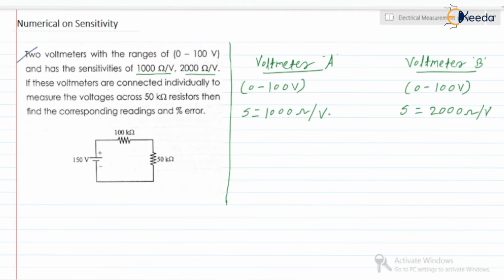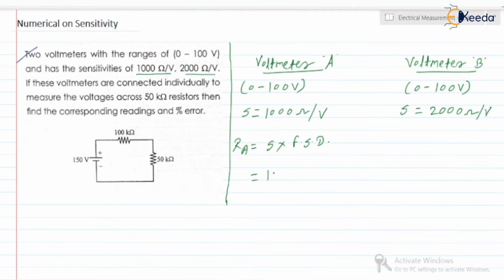Now the sensitivity is given in ohm per volt, that is resistance divided by voltage. Can we find the total resistance of the voltmeter? Yes, the total resistance of the voltmeter is the full scale range, that is 100, into the sensitivity. So the resistance of voltmeter A, let us consider it as Ra, is equal to S into full scale deflection.